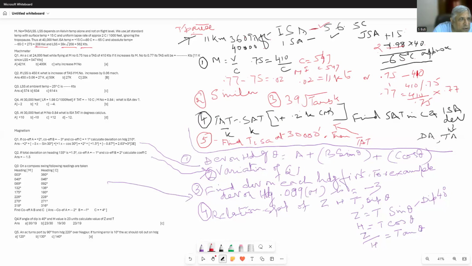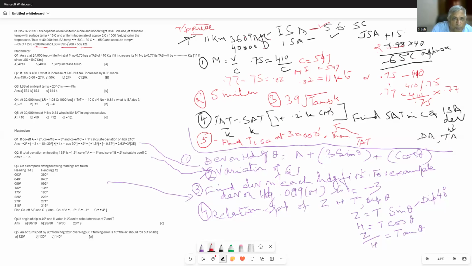Some such numericals which are asked are that if you're flying at 25,000 feet at Mach 0.75 and you have a TAS of 410 knots, what will be your TAS at 0.77, or what will be the increase? Okay. M is equal to V by C at 0.75.